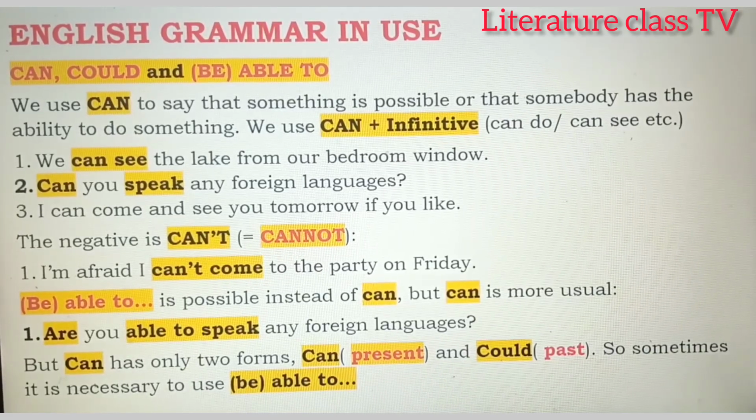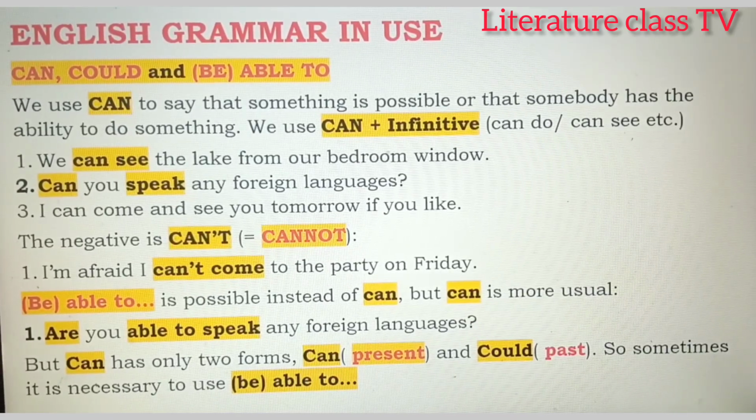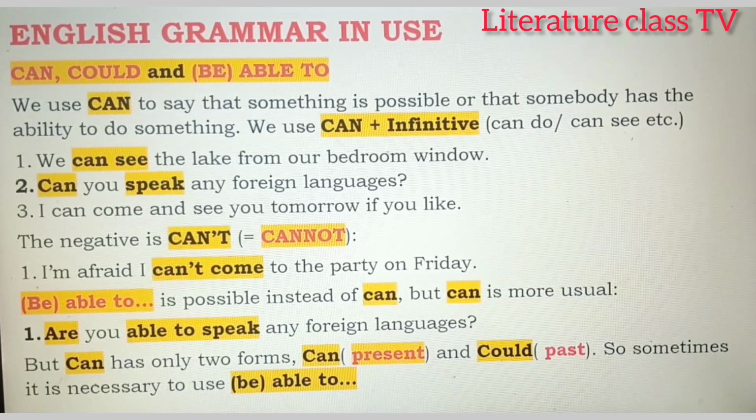Let's see the examples here. We can see the lake from our bedroom window, meaning that we have the ability to see the lake through our bedroom window. Example 2. Can you speak any foreign languages?